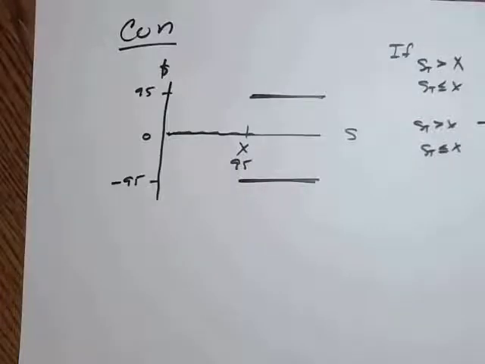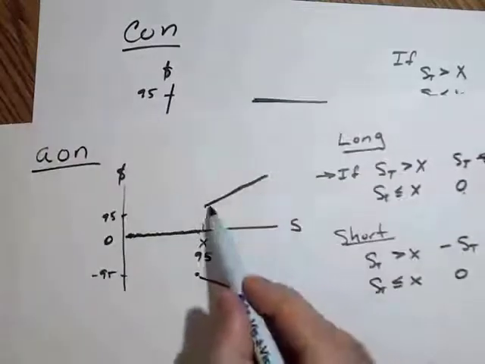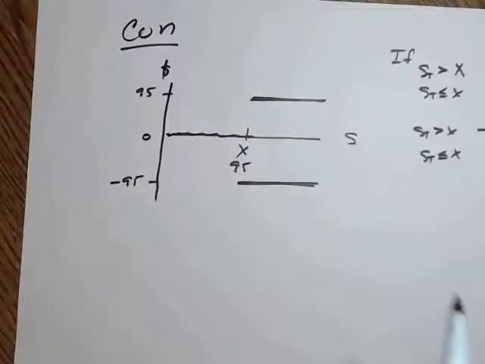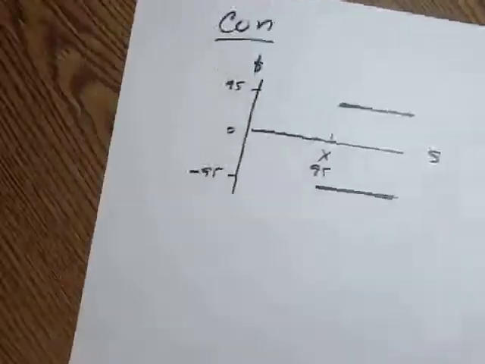Now what's really cool is if we take the long asset or nothing, this guy right here, and we combine it with the short cash or nothing, let's see what we get. Let's see if I can draw this on the graph here.